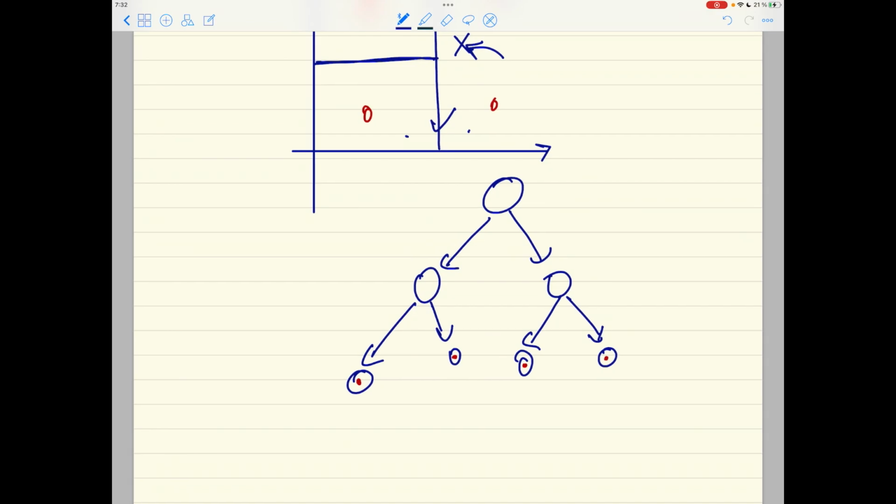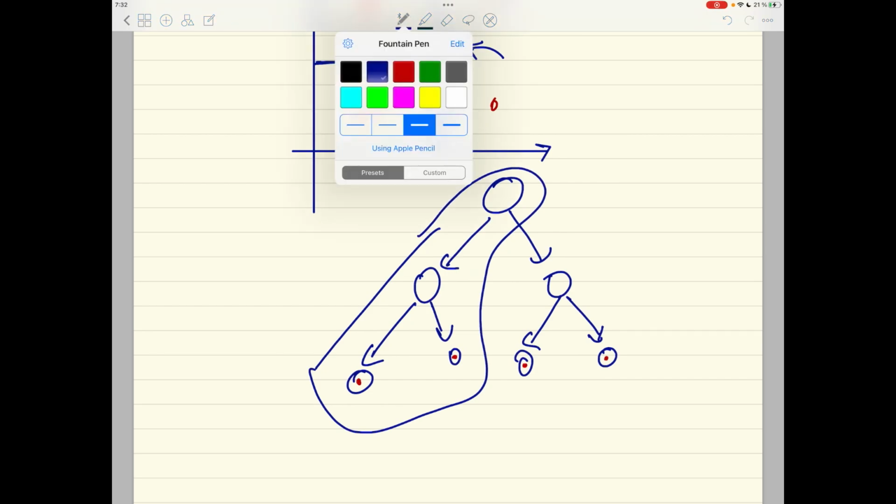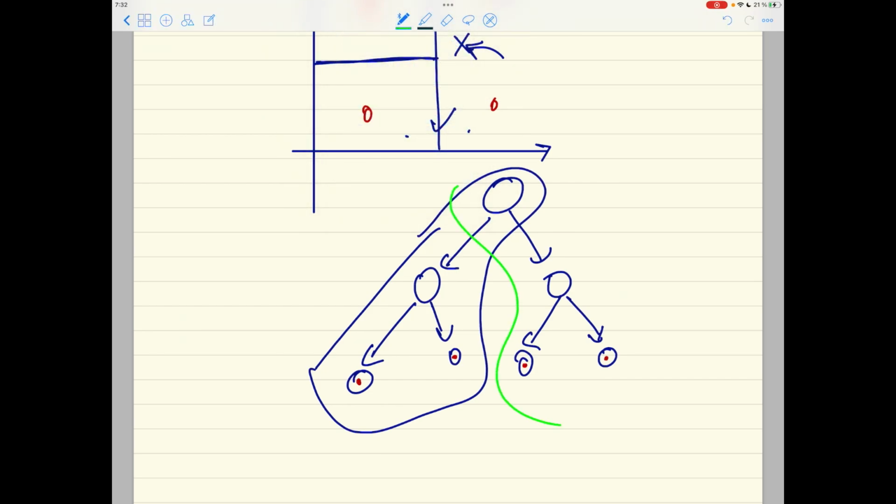How do we extract from this tree a subtree, okay, which has a better generalization error? Okay, so if you recall, a subtree basically means either this tree, or this is a possible subtree, then this tree here is a possible subtree, or this tree here is a possible subtree.